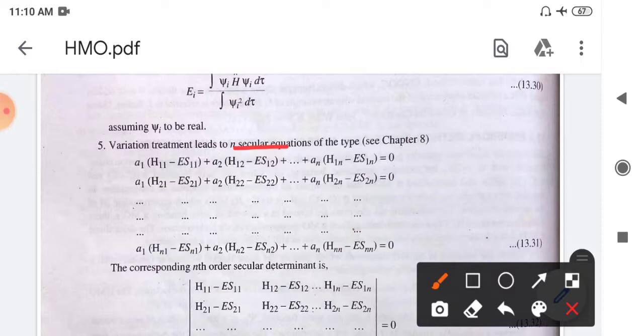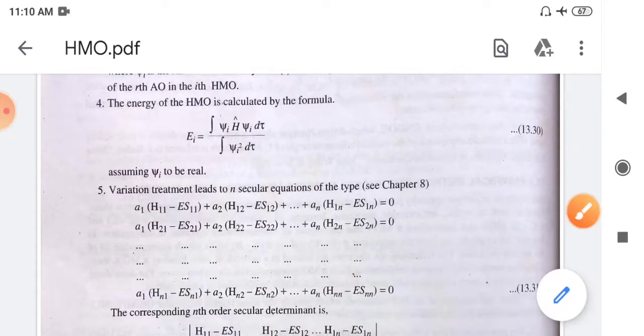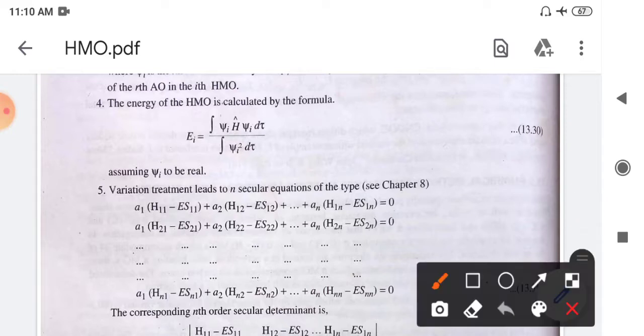To obtain them, we have to solve this integral, for the first orbital, the second orbital, the third orbital, and so on, extending this integration over the given orbitals. So for the nth orbital we will get these various secular equations.